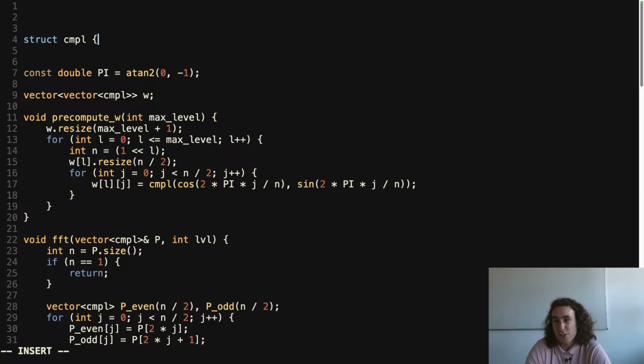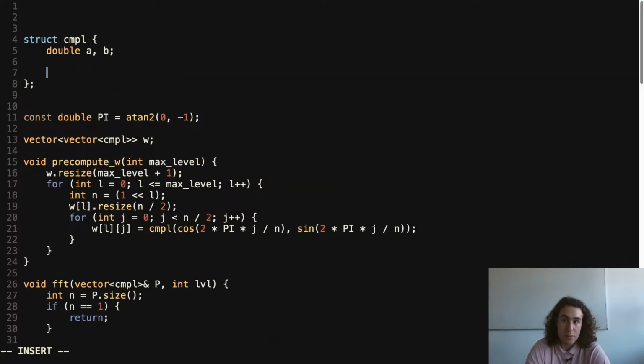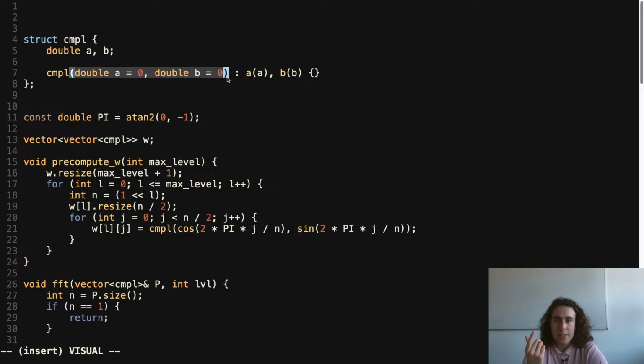We just need a bunch of simple operations. We're just going to store two values a and b. So it's going to be a complex number a plus bi. We start by some initialization, right? a of a, b of b. If we pass only one value, then it's a real number, so b is 0.